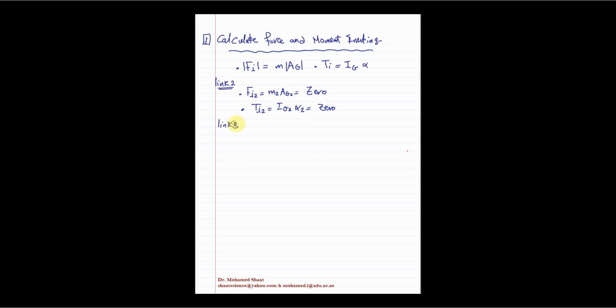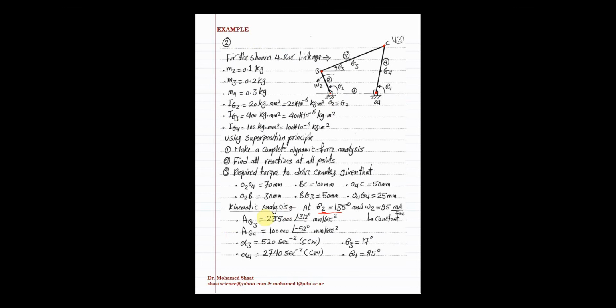We're going to repeat the same thing for link 3, starting with the inertia force for link 3, which should equal the mass m3 times the acceleration ag3. The mass of link 3 is given as 0.2 kilograms times the acceleration ag3, which is already given to us here: 235,000, the magnitude, in millimeters per second squared.